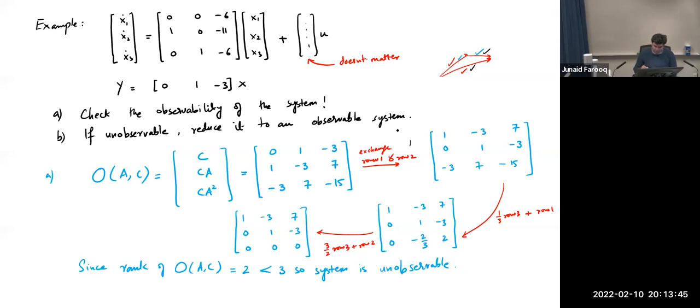When I exchange the rows, this is something which will create confusion later, right? Because if I keep exchanging rows, then that's going to change the order of the states. So maybe here, x1 became x2 and x2 became x1.